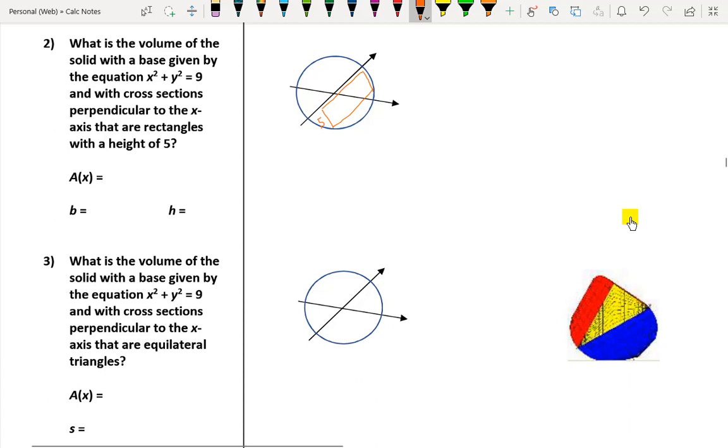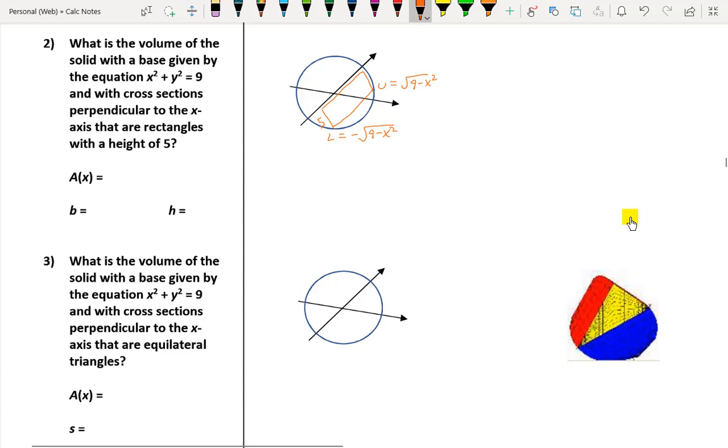The height is 5, but I still have the upper minus the lower portion. I still have the same base here. So my upper minus my lower is still the upper being the square root of 9 minus x squared, the lower being the negative square root of 9 minus x squared.